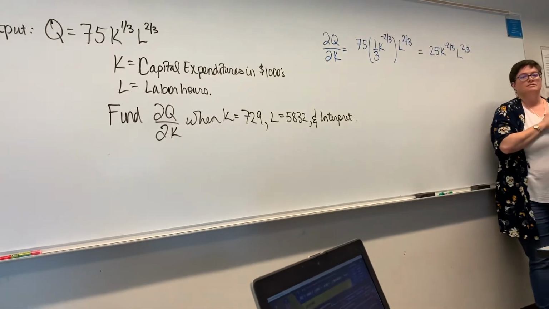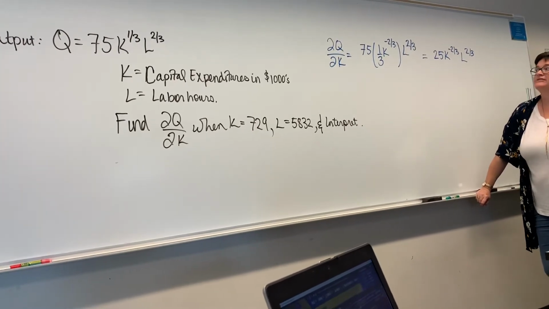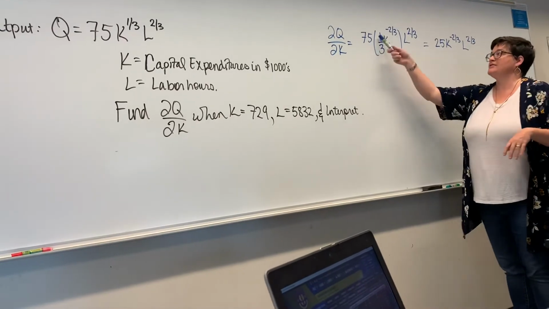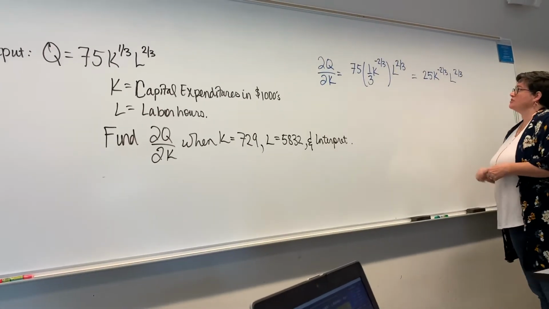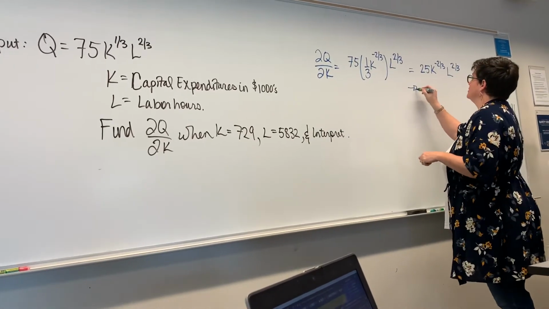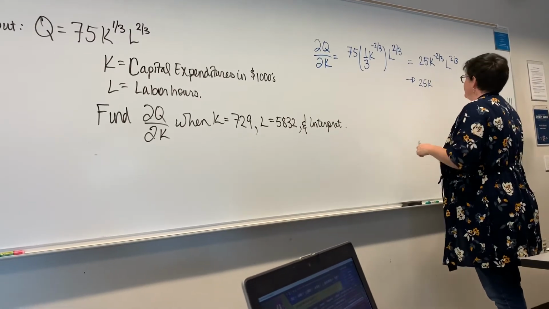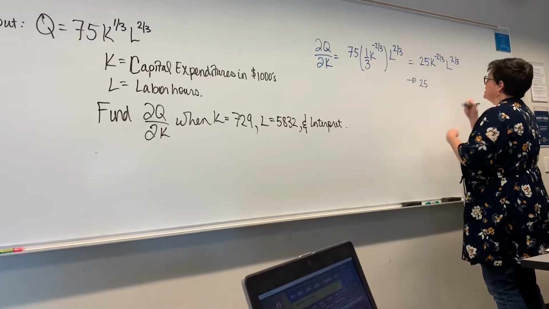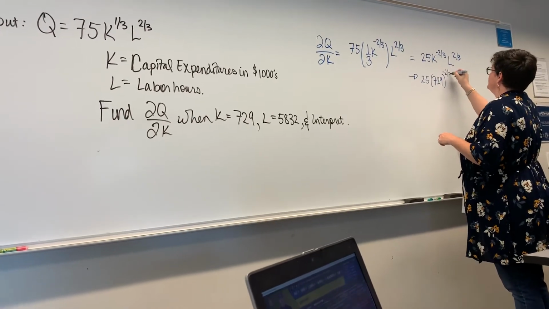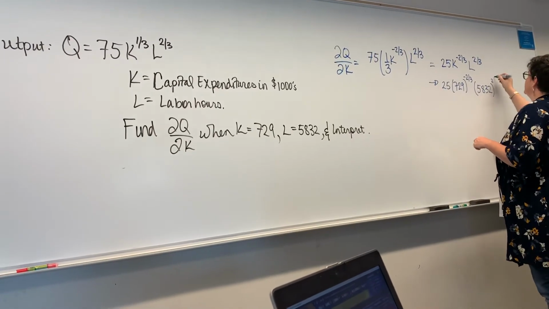How did he get the 25? What's 75 divided by 3? It's just 75 times 1 divided by 3. So 25 right here. Now we plug and chug. So we're gonna do 25K to the, whoops, K has a value. It's 729, to the negative 2/3, L is 5832, to the 2/3.